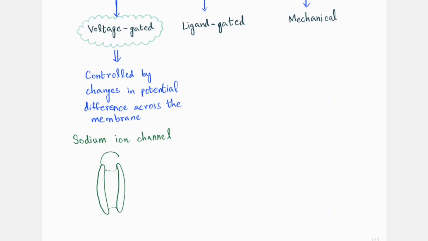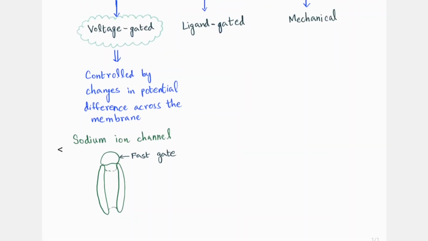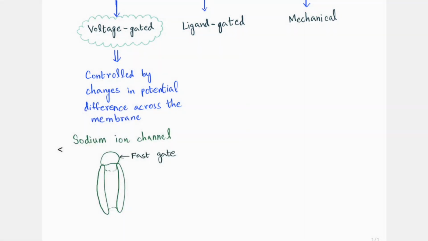Okay, and this is called the fast gate. All right, now you'll get to know why it's called the fast gate in no time. I'll tell you about it, but for now, just roll along. Okay, and this gate initially remains open and is called the slow gate.